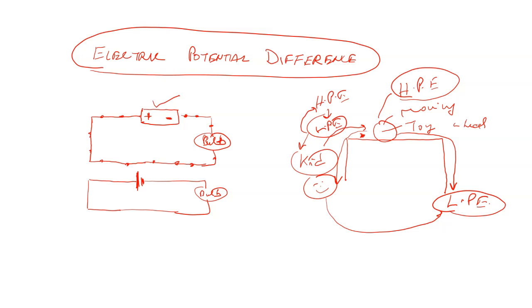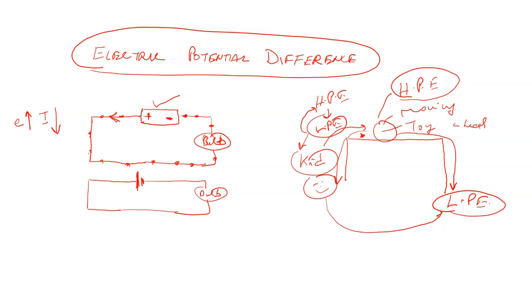Electron is a negative charge, and electrons are moving from the negative side to the positive side. But by convention, if we say electrons are moving from this to this, then current will move in the opposite direction. This is by convention. Now by convention, the direction of the current will be like this.